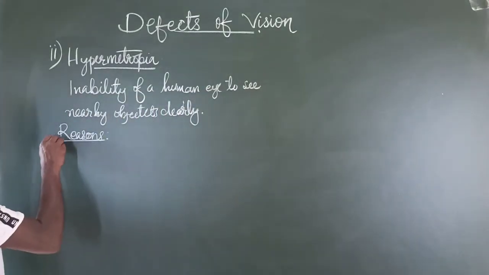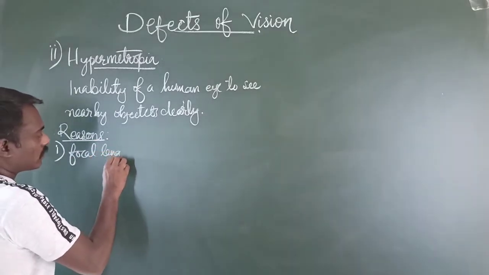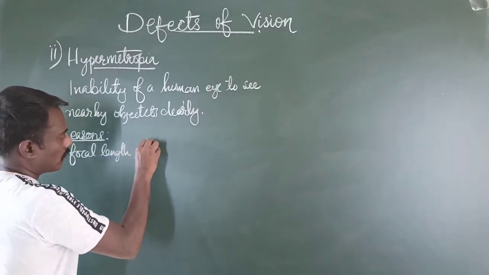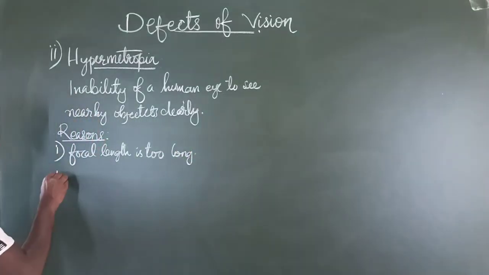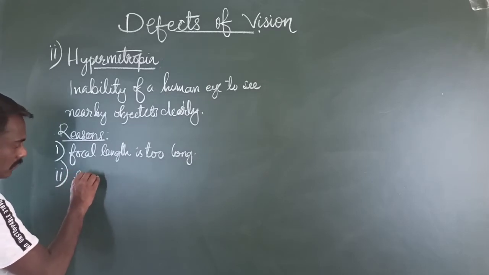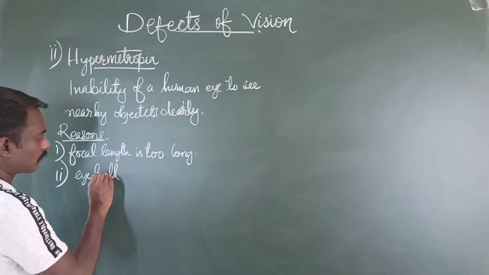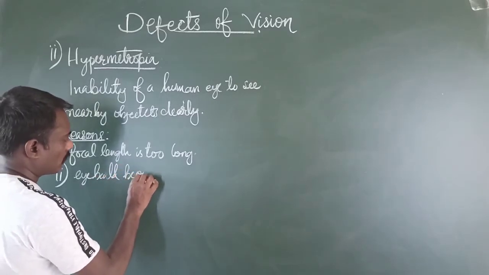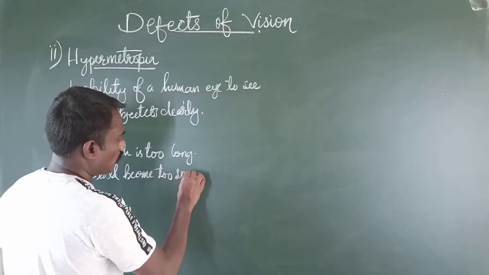The first reason is that the focal length is too long, and the second is that the eyeball becomes too small.